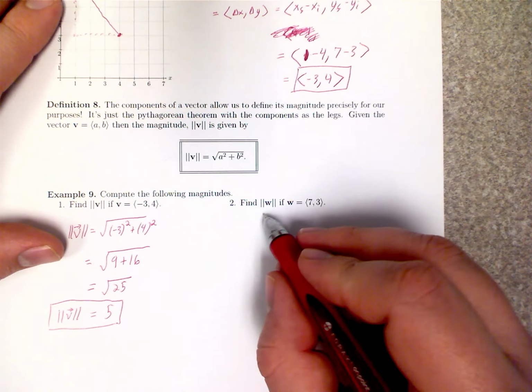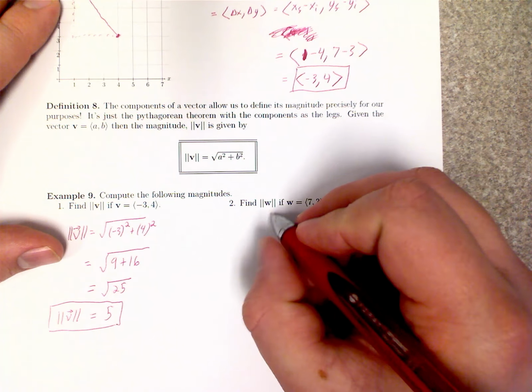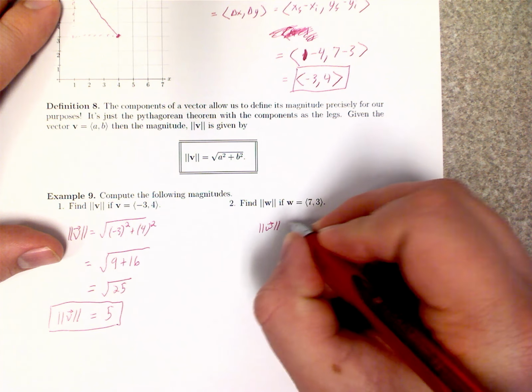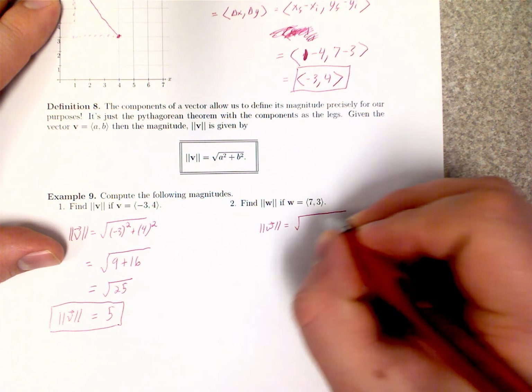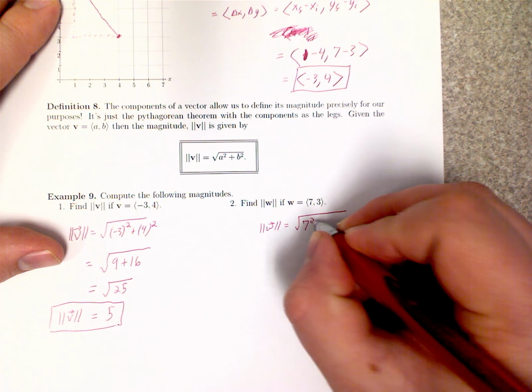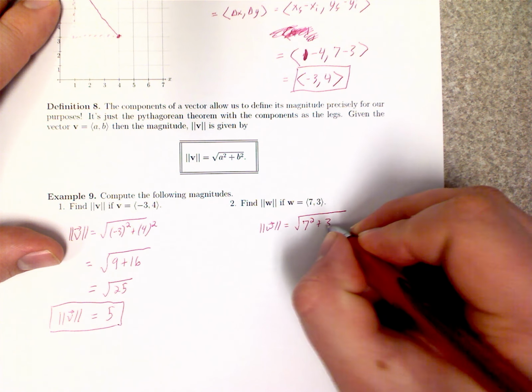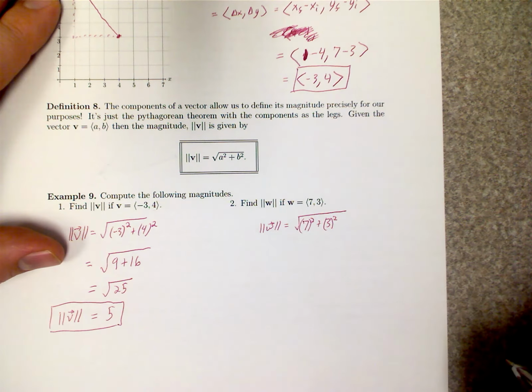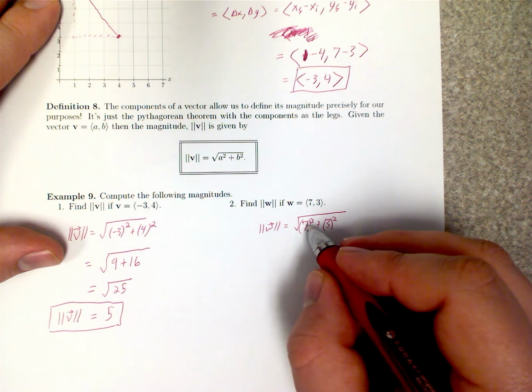It doesn't have to always be nice numbers. So for example, if we're trying to find the magnitude of w, let's write it out. It's the square root of 7 squared plus 3 squared. I'll put parentheses just to be extra safe here, even though we really don't need them since they're positive anyway.